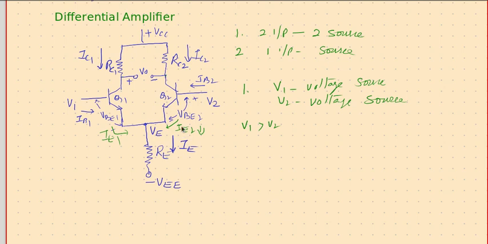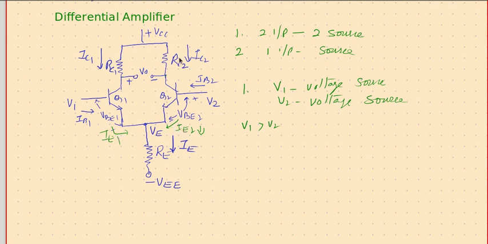Reduction in IE2 confirms that IC2 gets reduced. Reduction in IC2 increases this voltage, and IE2 is reduced. IE is constant, therefore IE1 gets extra space to increase. So IE1 will increase, then IC1 will increase. This voltage goes down, and IE1 increased will further decrease IE2.